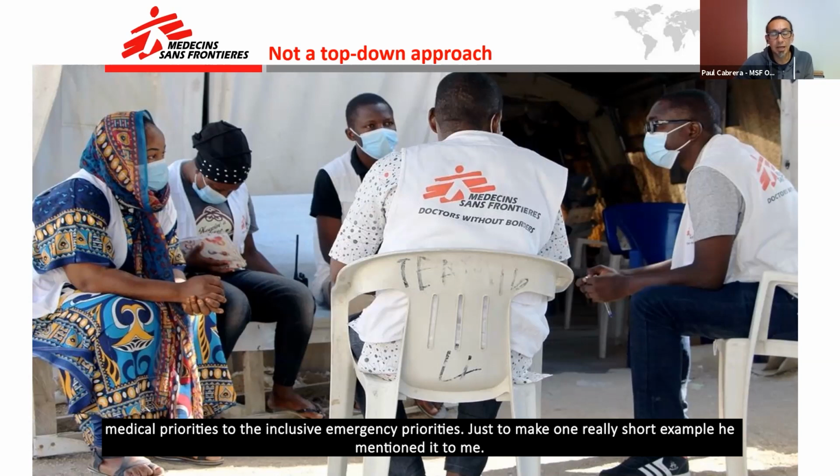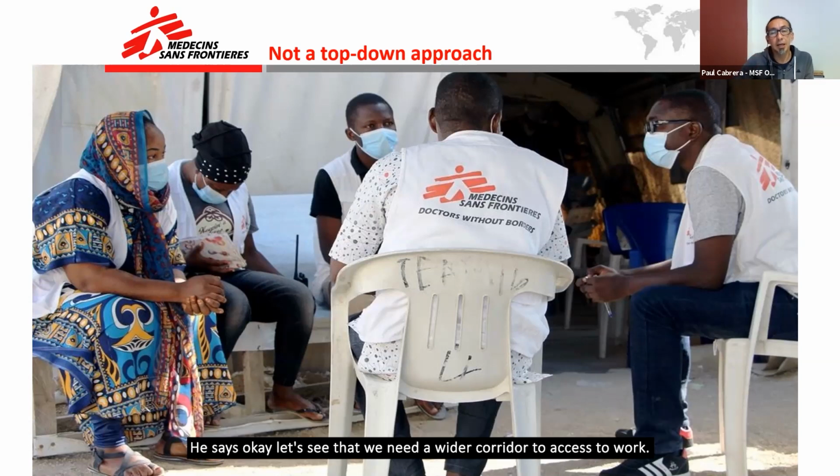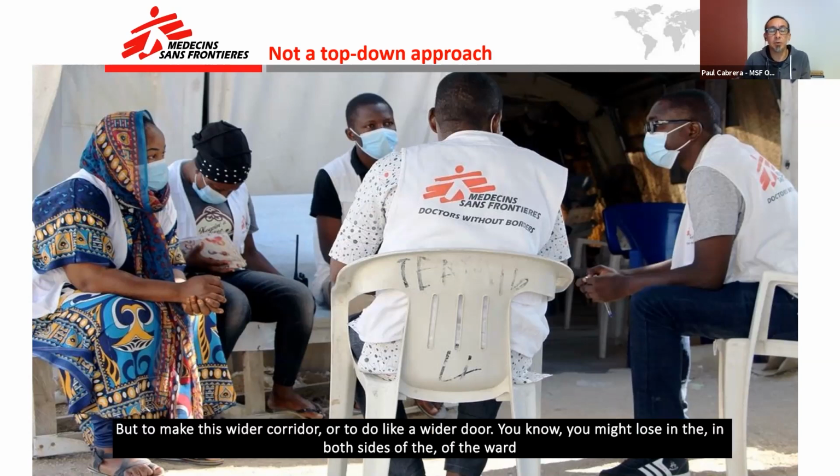Just to make one really short example, he mentioned it to me. He says, okay, let's say that we need a wider corridor to access the adult ward. But to make this wide corridor, of course, you need a wider door.